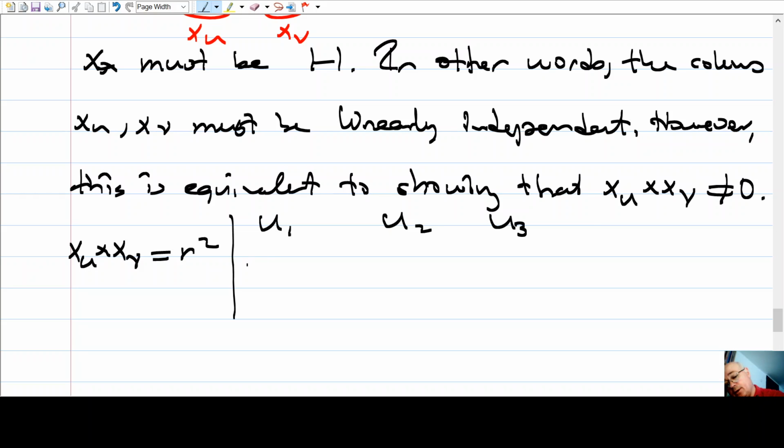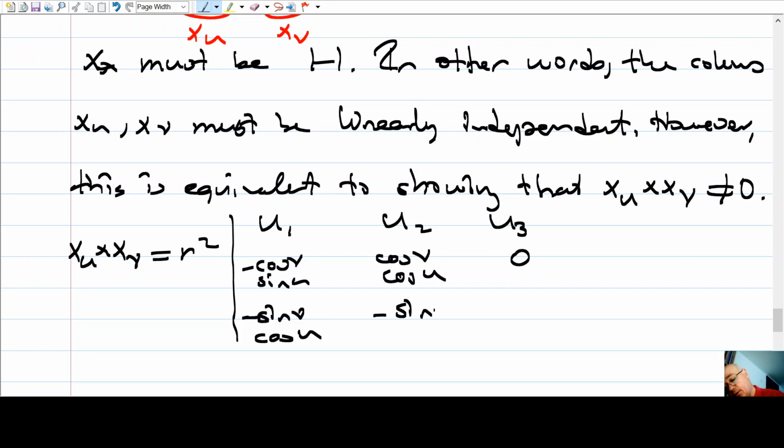The first coordinate was minus cosine v sine u, here it was cosine v cosine u, 0, and then the third entry is sine v cosine u, minus sine v sine u, and then here I have cosine v.